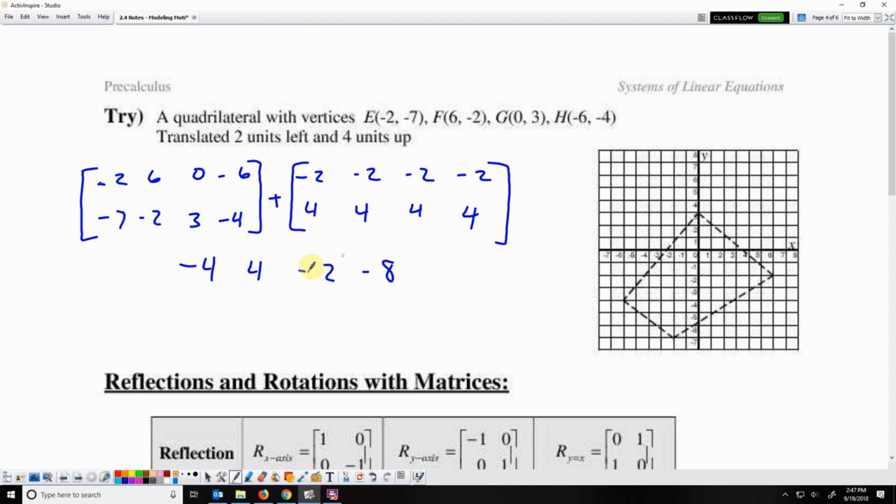And then adding 4 to all of the y coordinates: negative 7 plus 4, negative 2 plus 4, 3 plus 4, and negative 4 plus 4. So we have (-4, -3), (4, 2), (-2, 7), and (-8, 0).